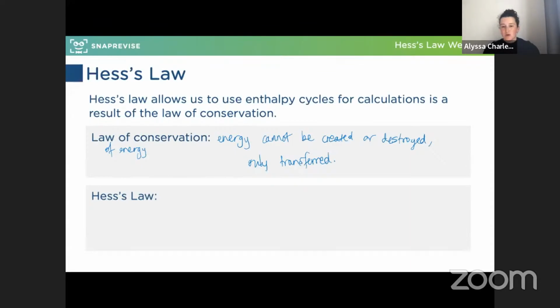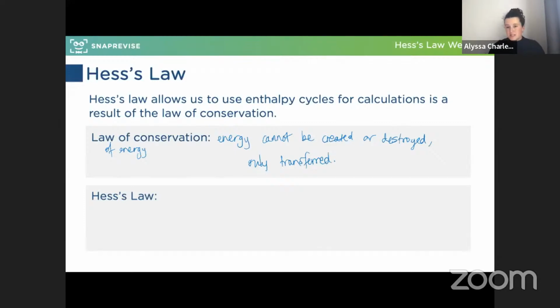Anybody know what Hess's law is? It is one of the things that is in all of the specifications as needing memorizing. So we do need to know off by heart what Hess's law is, including keywords and phrases. So it's important that we learn it ASAP, basically.